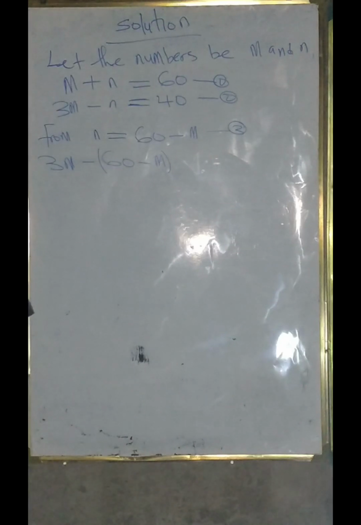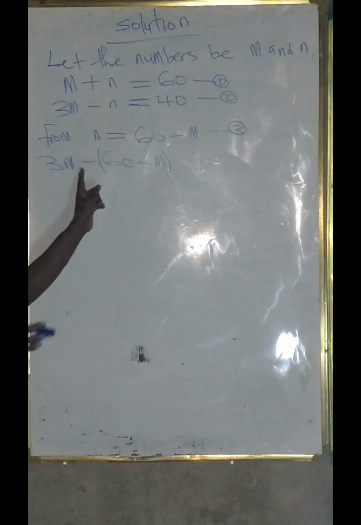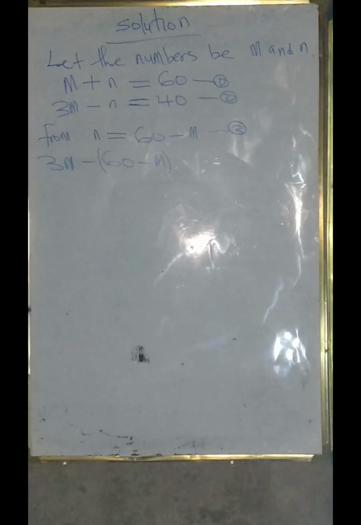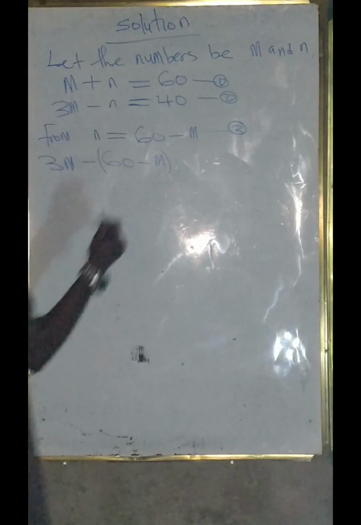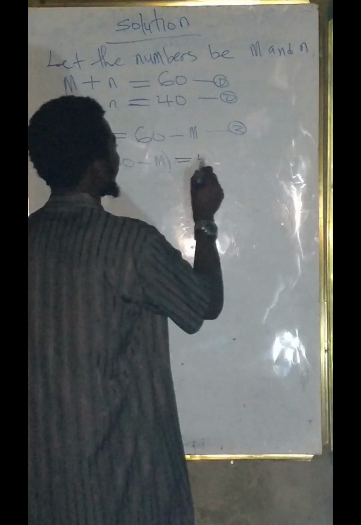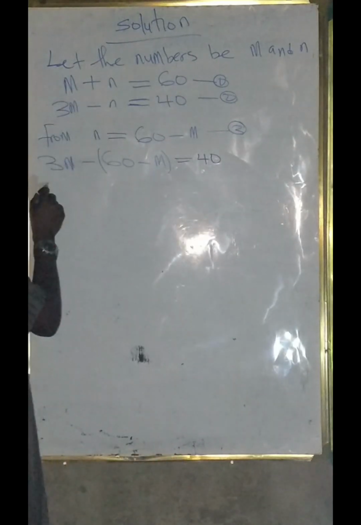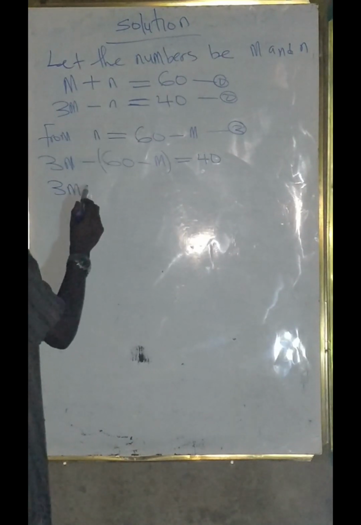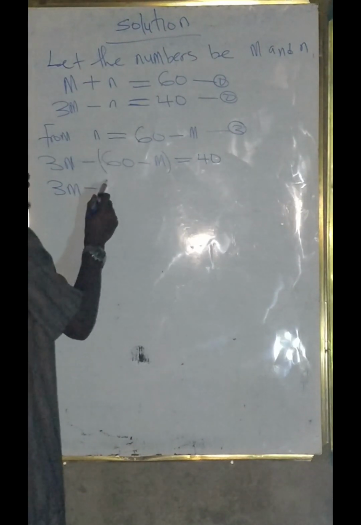But if it was plus and plus, just leave it as it is. So this is equal to 40. This is 3M, plus times minus here, what is that? Now we have minus.